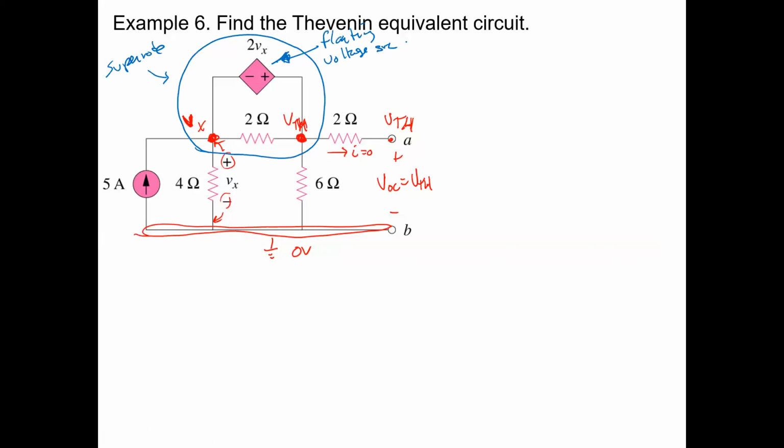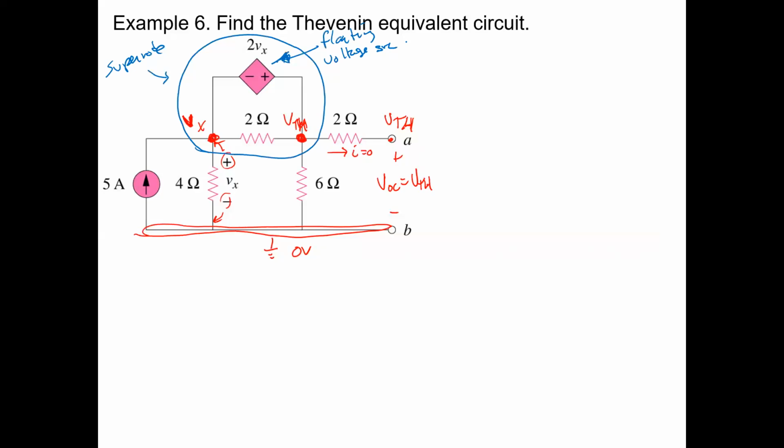Why is the 2 ohm resistor included? Well, you don't have to, but the current leaving the supernode going one way into the 2 ohm resistor is going to be the same as the current entering the supernode. So it just sort of cancels out. You're welcome to include it. It's just going to cancel right out in your first equation. And I can show you that if you want me to.